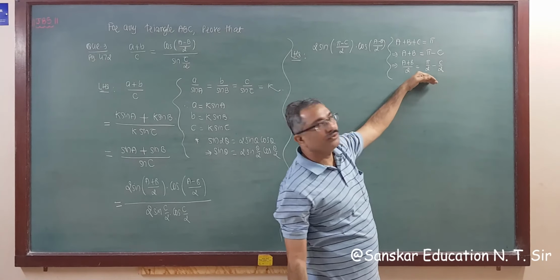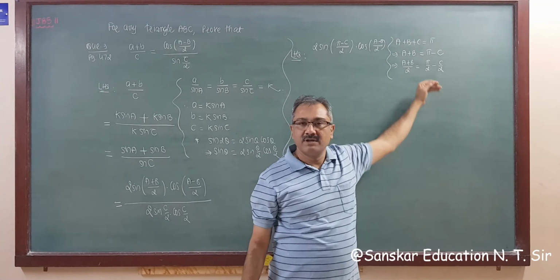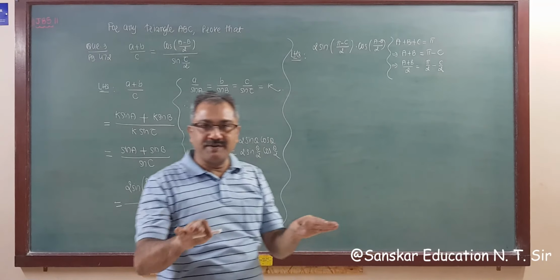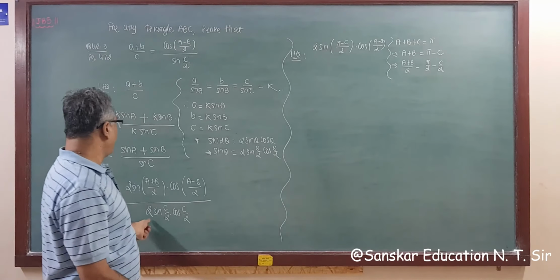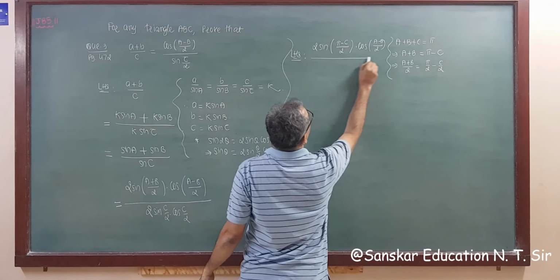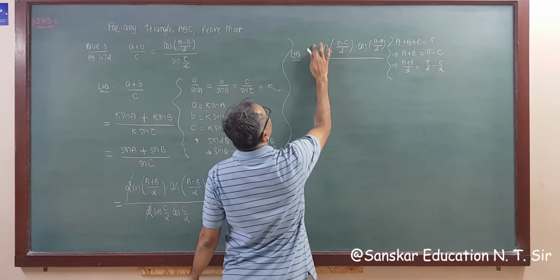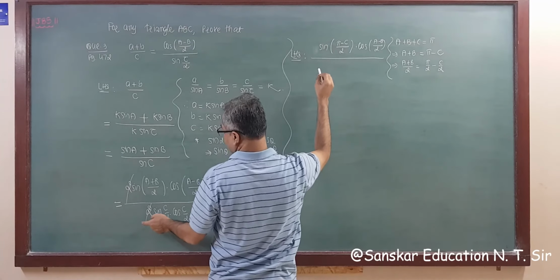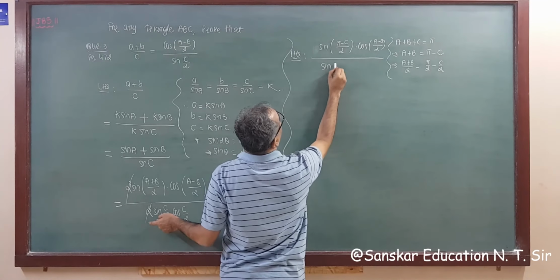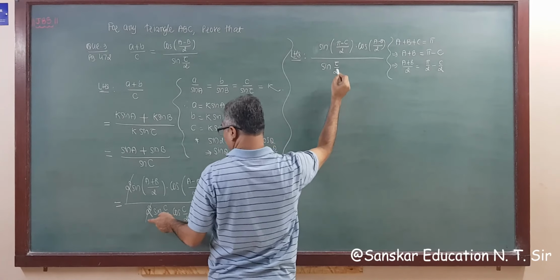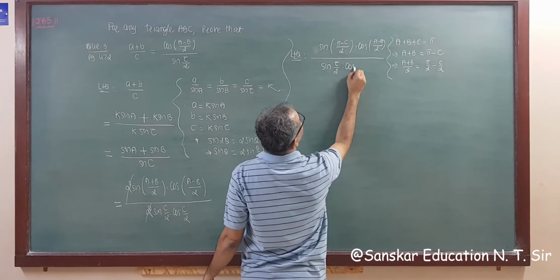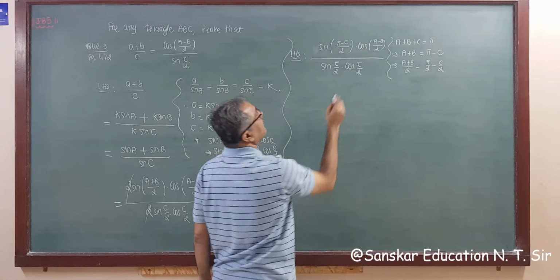So never waste your time, right? Whole upon, this 2 will be cut, so I am removing 2 from here also. So this is sin c by 2 into cos c by 2.